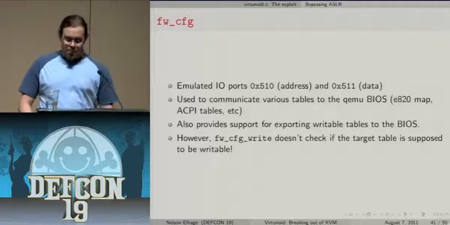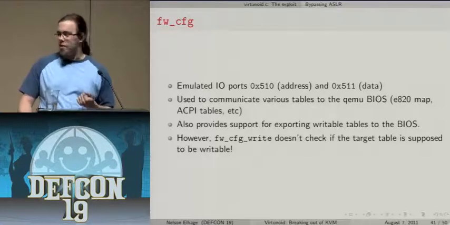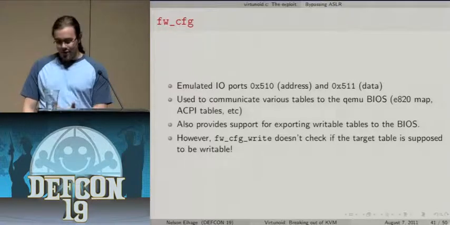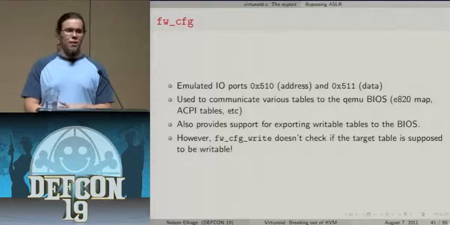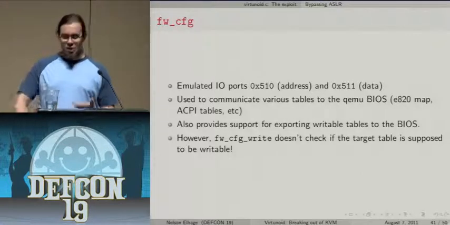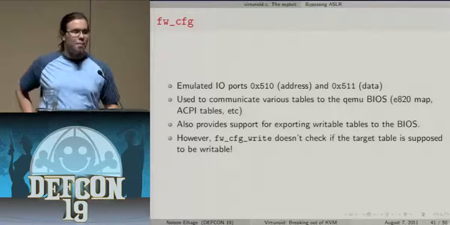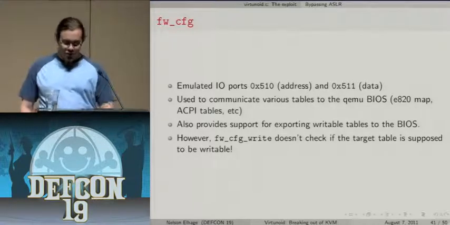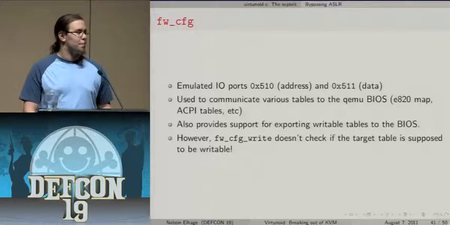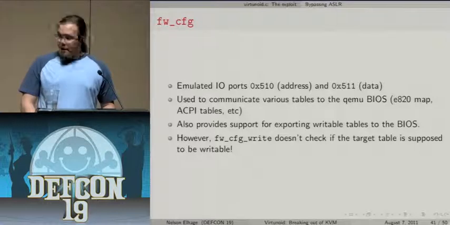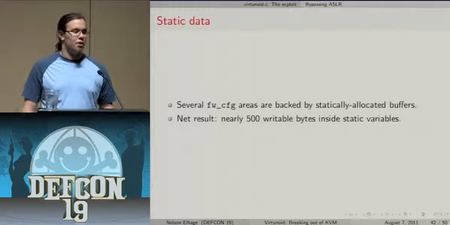It also has support for the BIOS feeding information back to the emulated hardware. This is a little odd in that, as of the versions that I checked, this support for writable tables isn't actually used anywhere in QEMU KVM. There is no place that it exports tables that the BIOS is expected to write. But the infrastructure is there, and not only is it there, it actually lets the BIOS or any software write to any of these exported tables. And conveniently, several of these tables are backed by statically allocated buffers inside the host.